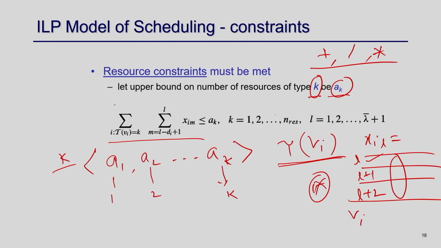So, now you can understand this expression. This says that for all operations of type k, because I have to take each type, where k can vary over all types of resource, say this is a multiplier, all the operations that are of type multiplier I am going to consider, and from all such multiplications I have to understand which operations are actually running in timestamp L, and that I can give how: it is m equal to L minus di plus 1 to L. I have already explained that even if it starts at L minus di plus 1 timestamp, it is still running in L, or at L minus di or L minus di minus 1 and so on, right.